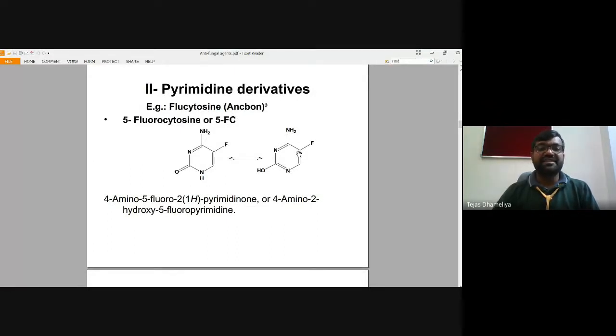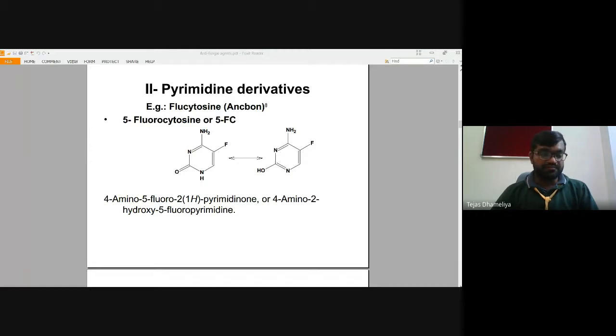Pyrimidine derivatives, generally 5-fluorocytosine. This is an agent which shows antifungal activity, and it is also used as an anti-cancer agent in some kinds of infections.